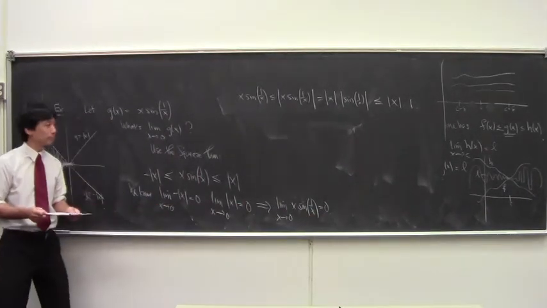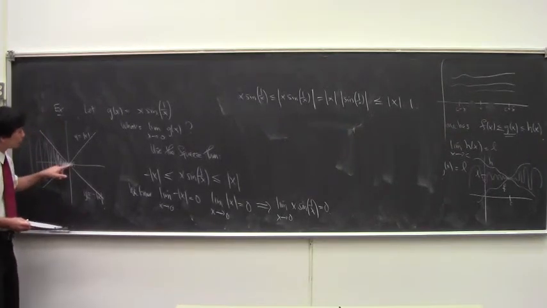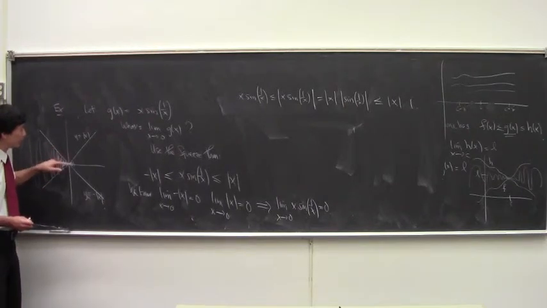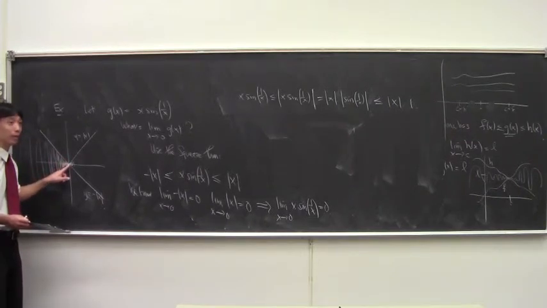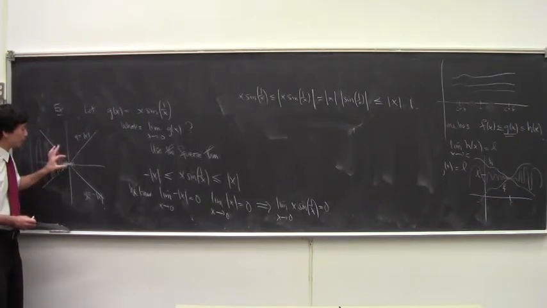But when a graph is oscillating, doesn't that mean it has no limit? Not necessarily, because here, even though it's oscillating, I can make this thing as close to 0 as I want. For the limit to be 0, think what that means. Can I find an interval in which this thing is within 1 of 0? Sure.